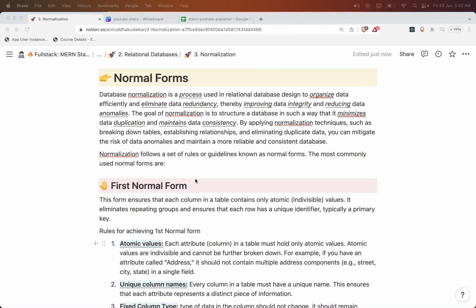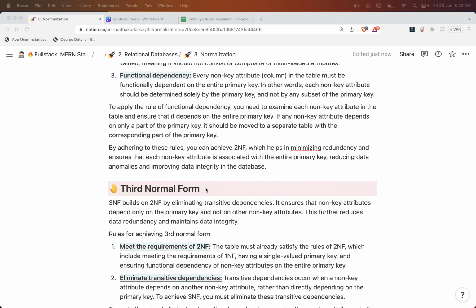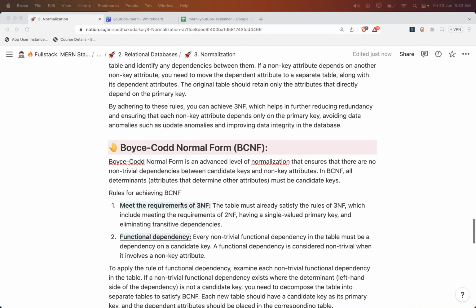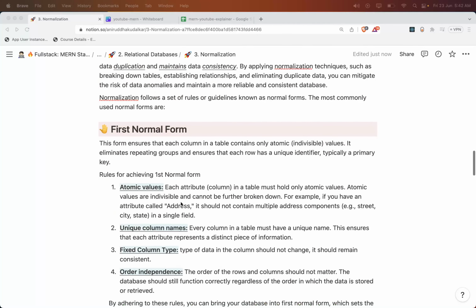There is the first normal form, second normal form, third normal form, and Boyce-Codd normal form, or people call it 3.5 normal form also. There are other normal forms also, 4, 5, 6, but these are the fundamental ones. If you do this, your 90% or 95% of the job is done with regard to normalization.